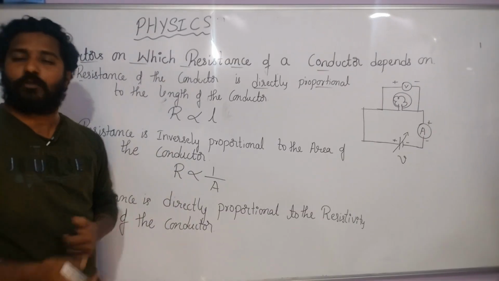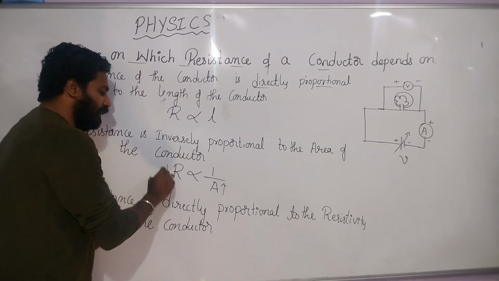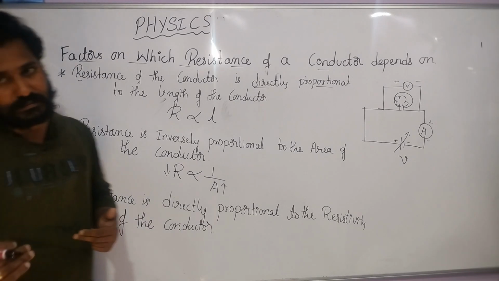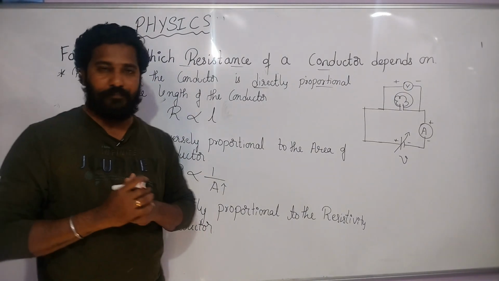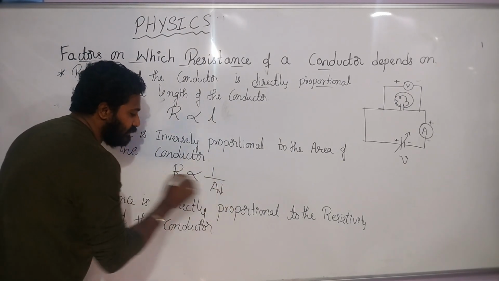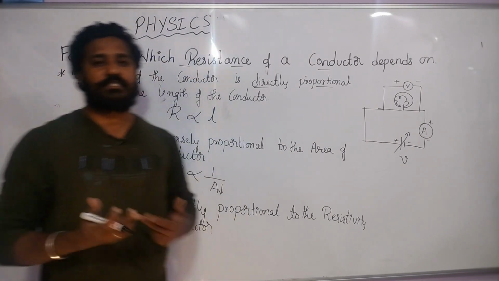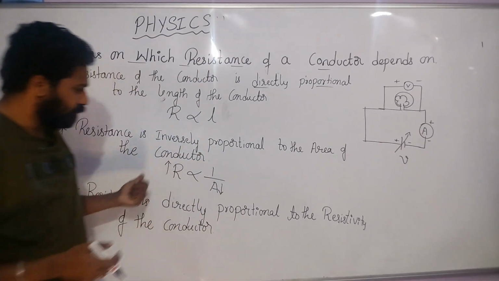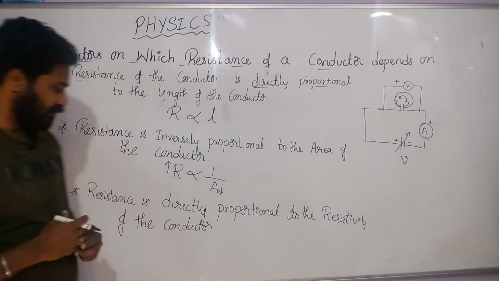Inversely proportional means as the area increases, the resistance decreases. As the area decreases, resistance increases, and vice versa. This is how the resistance of the conductor depends on its area of cross section.